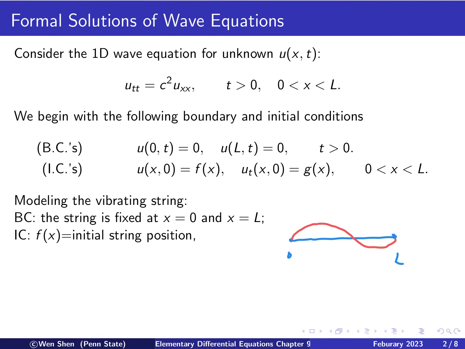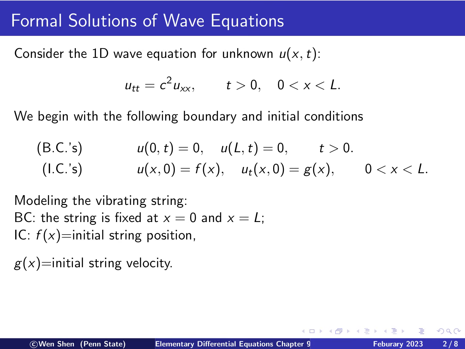Let's say the string is like that. Then f of x will be the distance at the point x, how far away it is from the equilibrium. So this will be a positive value, and at that point f of x is 0, and then here it will have a negative value.